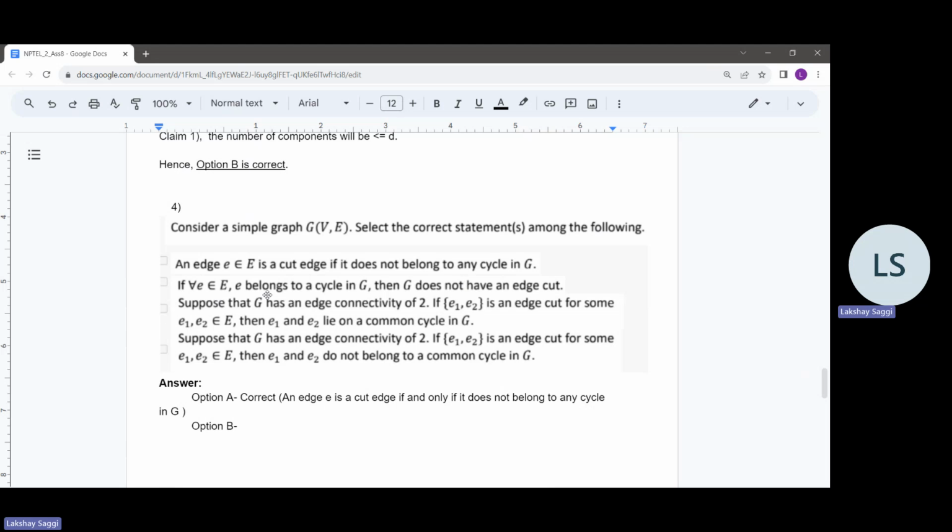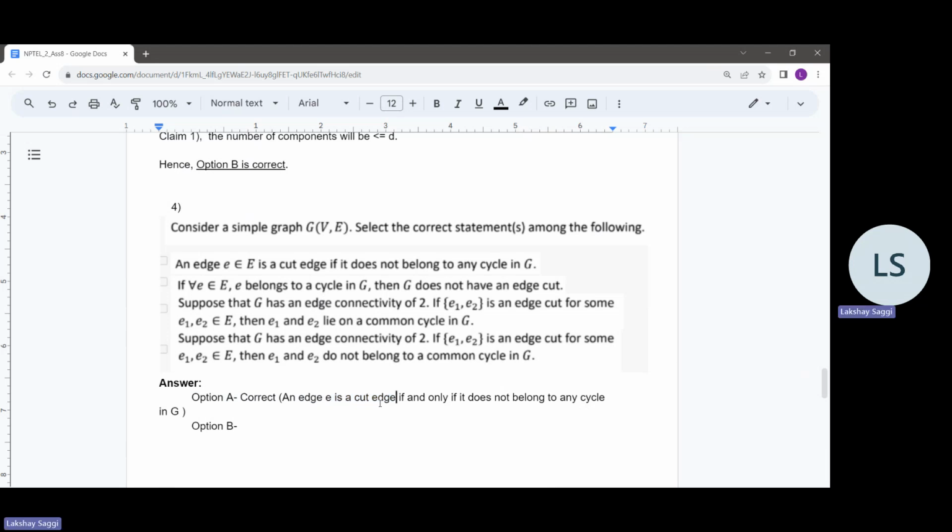Option B says if all edges E belong to a cycle in G, then G does not have an edge cut. What this statement means is that if every edge belongs to a cycle, then no edge can be a cut edge, right?